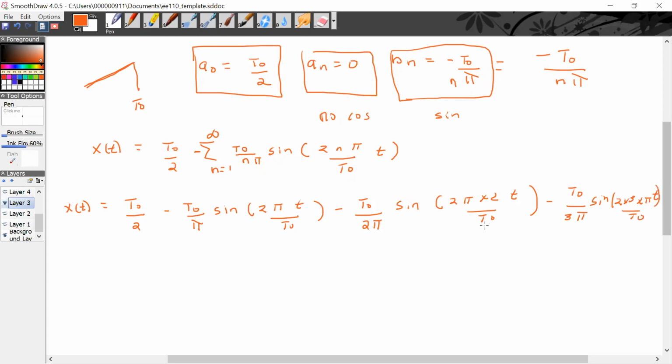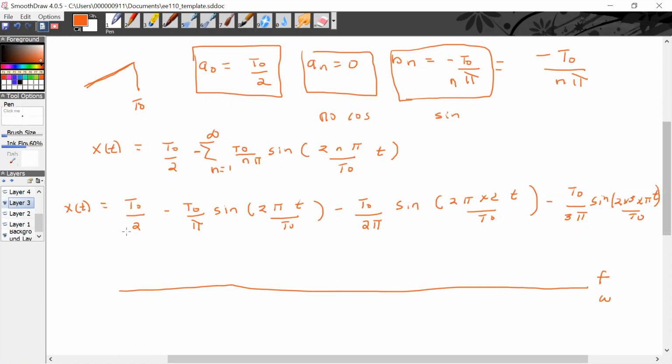and so on and so on. And you just sum these up. All right. Now, this can actually be drawn on a spectrum. And this could be frequency, or it can be in radians.